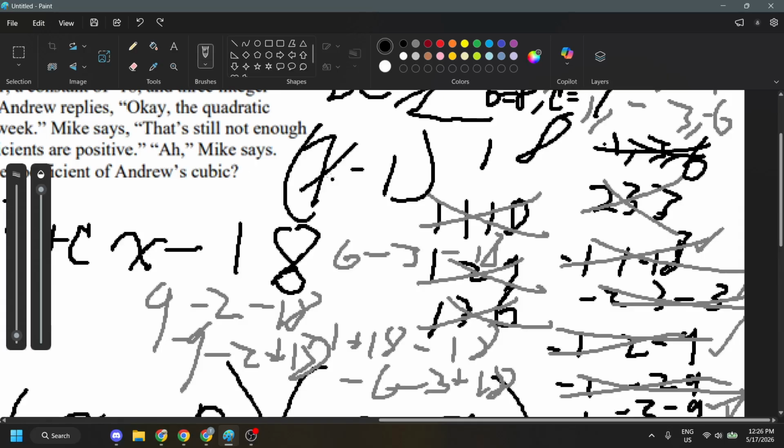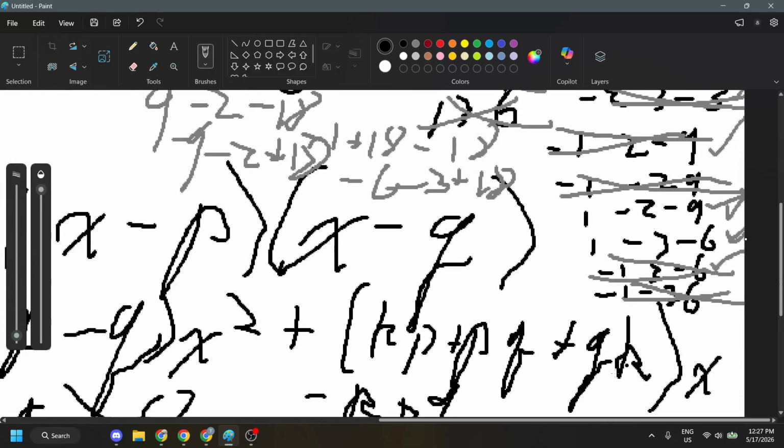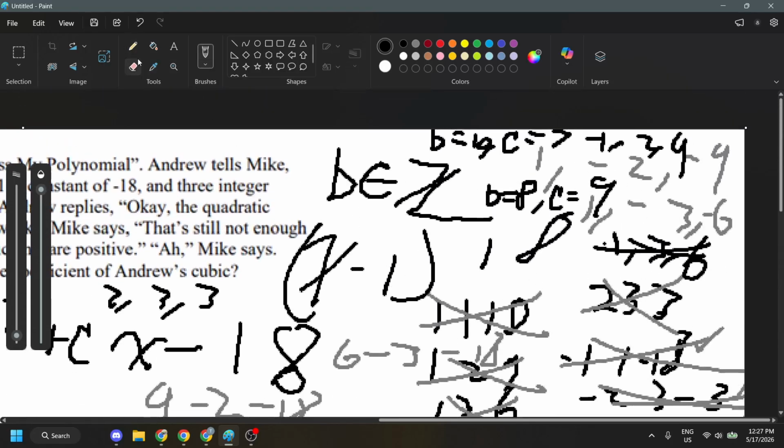So we could do negative 1, 3, 6. That won't work. We could do 2, 2, 2 through 3. That does work. That's up to 8. But this would be positive, so.